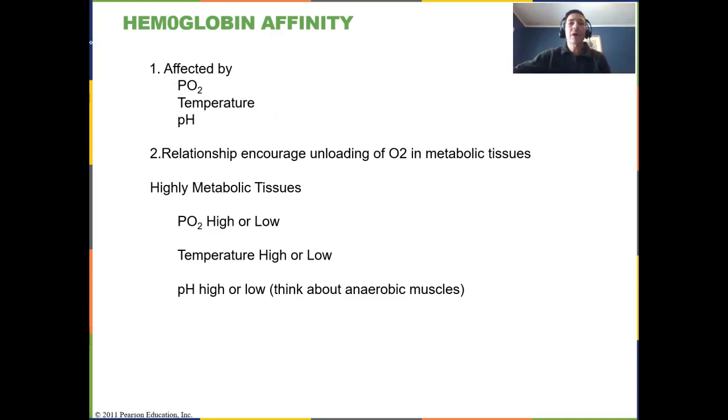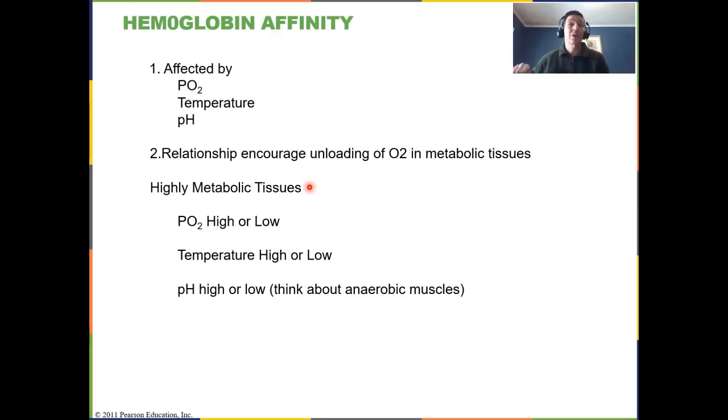So if you have a highly metabolic tissue, that is a tissue that requires lots of oxygen. So the relationship between hemoglobin and oxygen is such that the delivery of oxygen is increased in highly metabolic tissues.